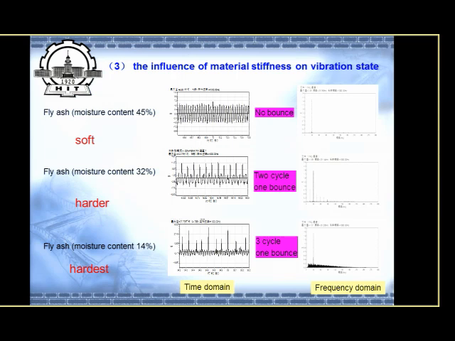When the material is soft, there are no bonds and the compaction is very stable. If the material is harder, there will begin to be bonds, 2 circles 1 bond, and as the material becomes harder, there will be 3 circles 1 bond.